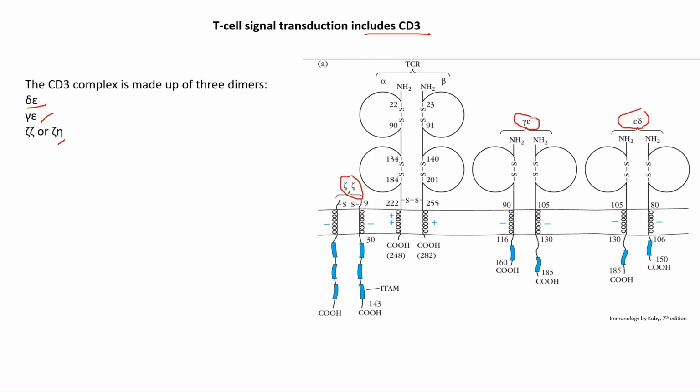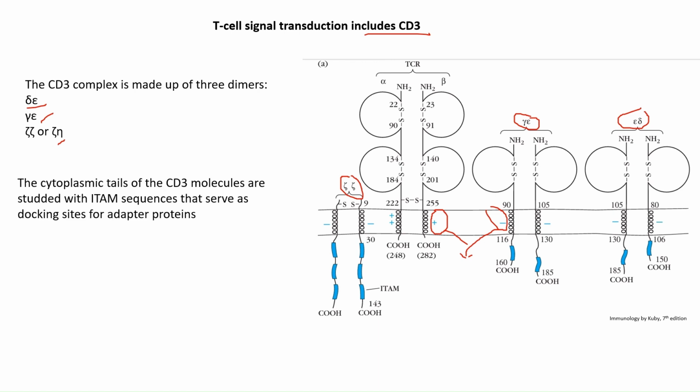Now the transmembrane region of these co-receptors consists of negative amino acids, because the main TCR transmembrane segment contains positively charged amino acids. So this positive can easily interact with negative to form what kind of bond? That you should let me know in the comment section. Whenever any amino acids are positively charged and nearby any negatively charged amino acids are present, what kind of bond can they form?